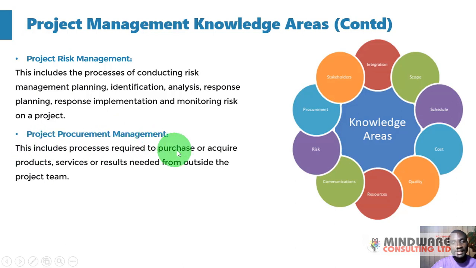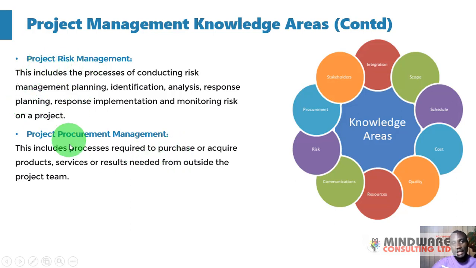So next is the procurement management. Now you need to understand that these knowledge areas are not a hierarchical categorization. We're just talking about them in this order for the sake of simplicity, but it doesn't mean that one has to come before another.